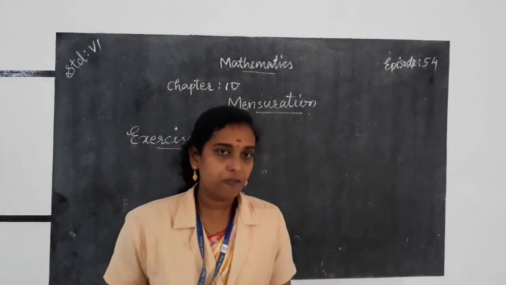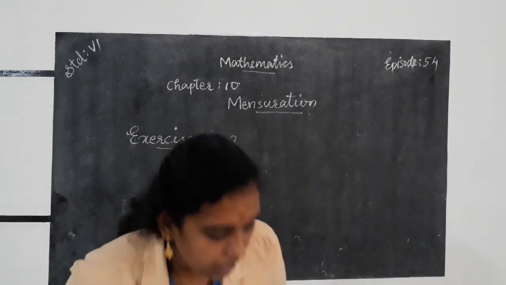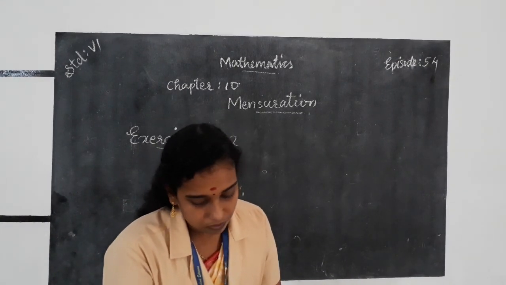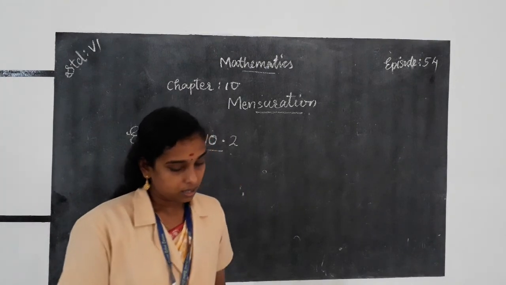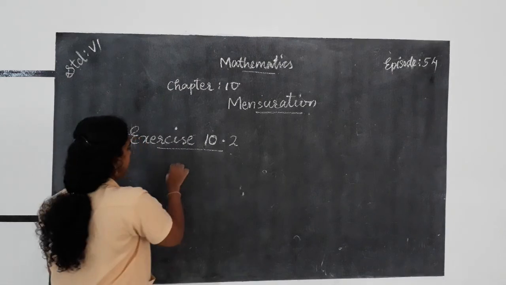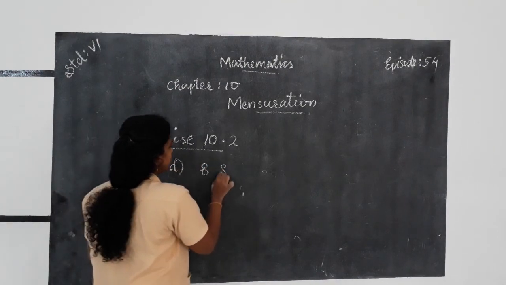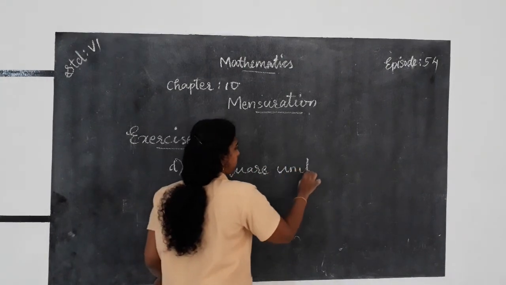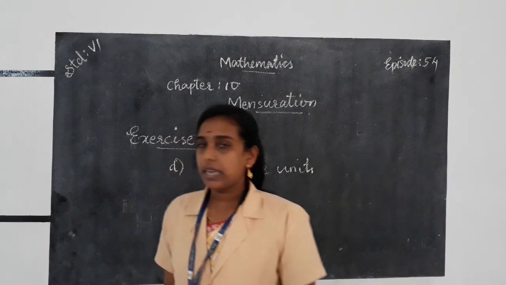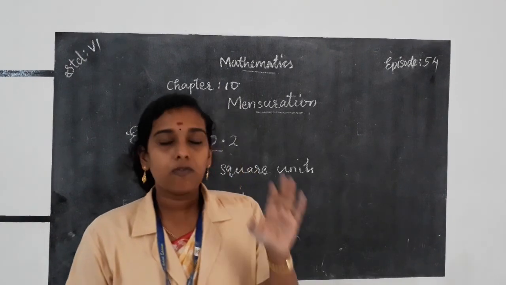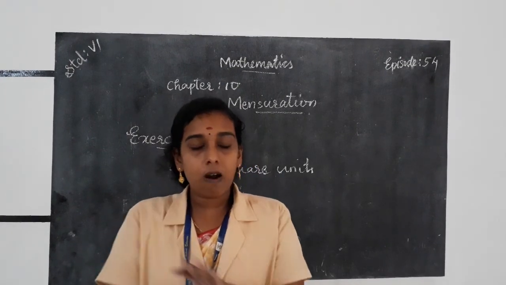There are 8 fully filled squares, so the area of the given figure is 8 square units. So for part D, the answer is 8 square units.